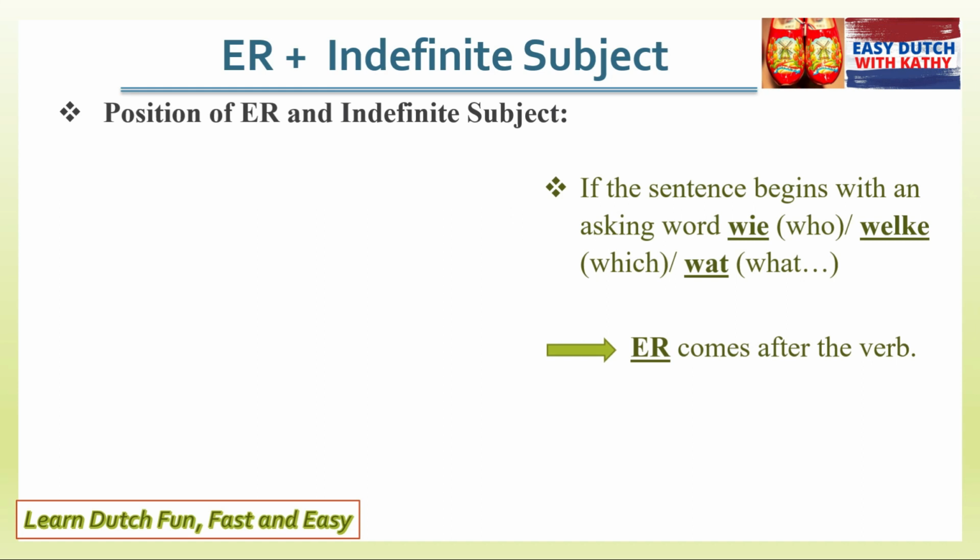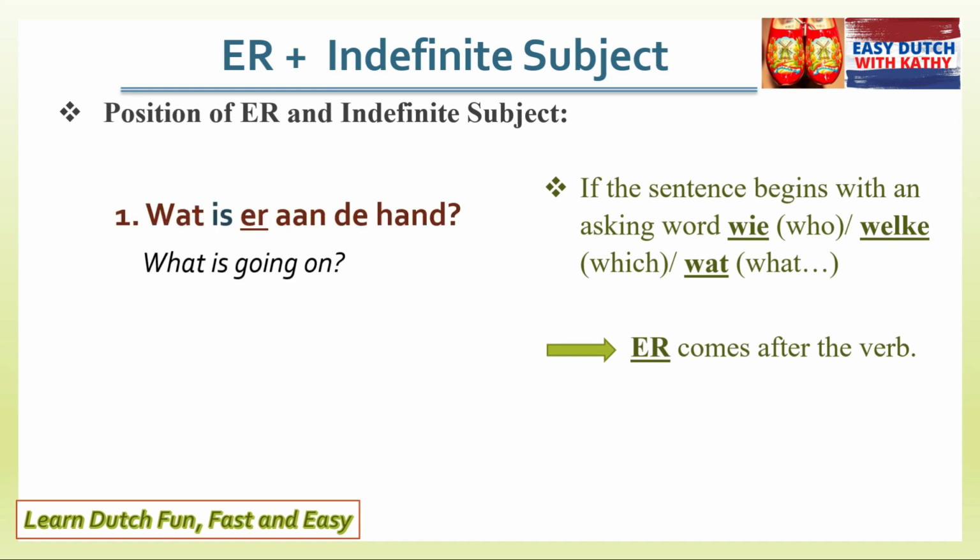Like in this example, wat is er aan de hand? It means what is going on. Is is the verb in this sentence, and er stands right after the verb.